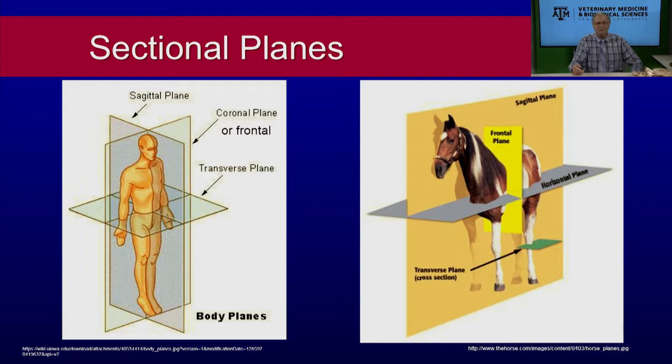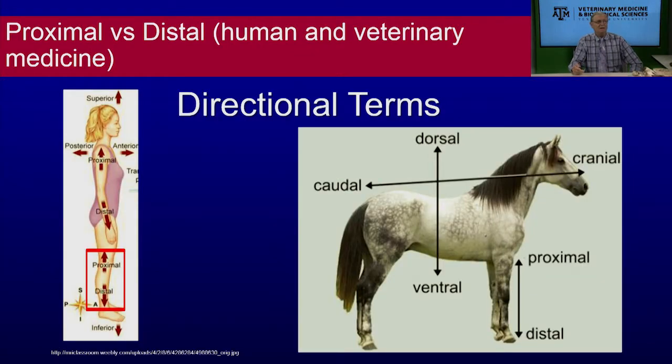Maybe a sagittal plane cutting down through the middle, or maybe a transverse plane. So the different ones, maybe toward the head, maybe toward the tail. And here we can see some of those structures and how you have some different names in veterinary medicine than you do in human medicine, where you would have posterior, that's behind your back.